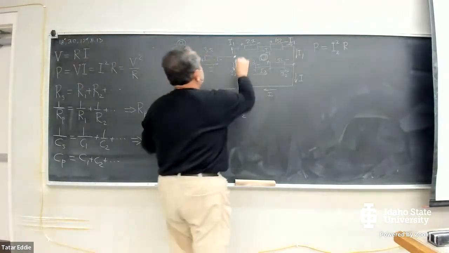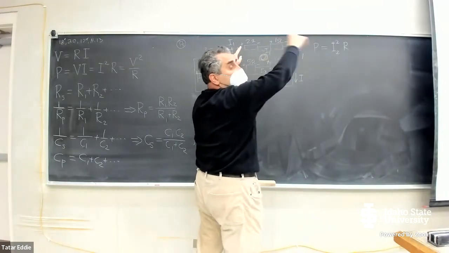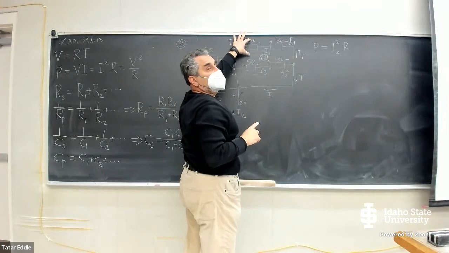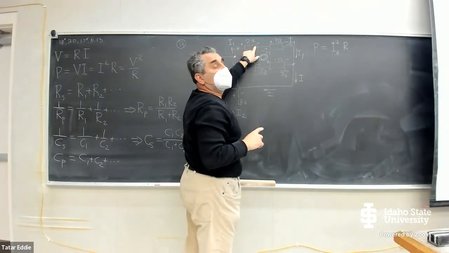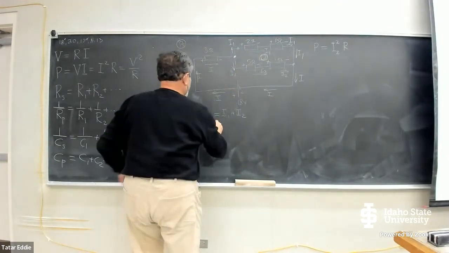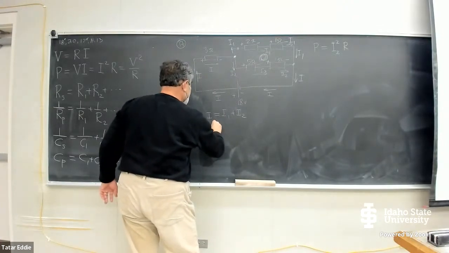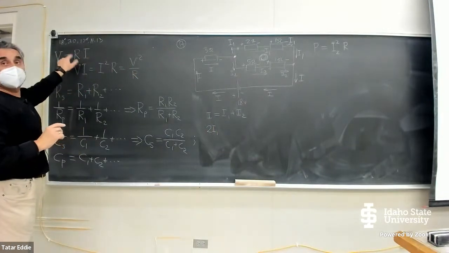So once I start from this point and start going, let's say, in clockwise direction, the first potential difference that I am going to encounter is across the 2 ohm resistor. And that potential difference is going to be equal to 2 ohms multiplied by the current I1, because voltage is current times resistance.